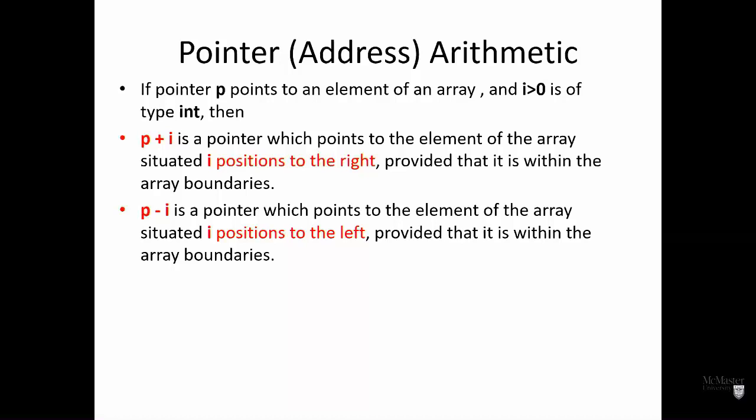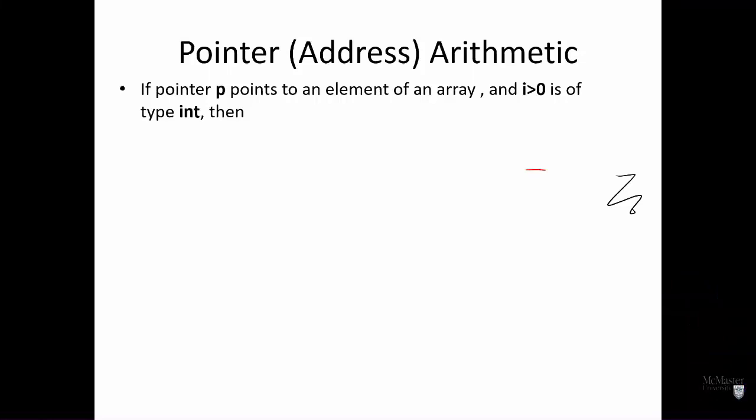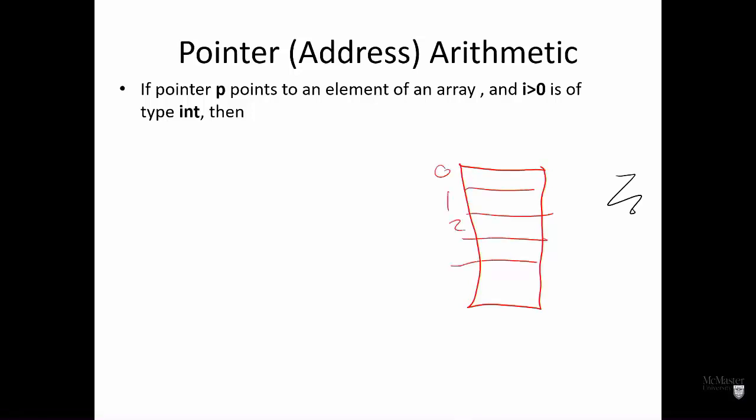So let's say I have this array, and this is 0, 1, 2, 3, 4, 5.